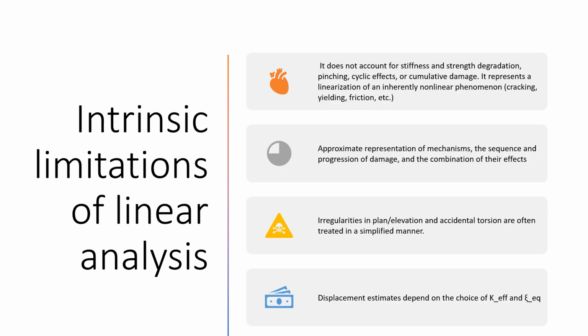Another limitation is the approximate representation of the failure mechanisms and the damage modes, and the sequence and progression of damage, and the combination of all these effects, which is somehow simplified, as well as irregularity in plan and elevation and accidental torsion, which are often treated in a simplified manner, or in general they include some simplification.